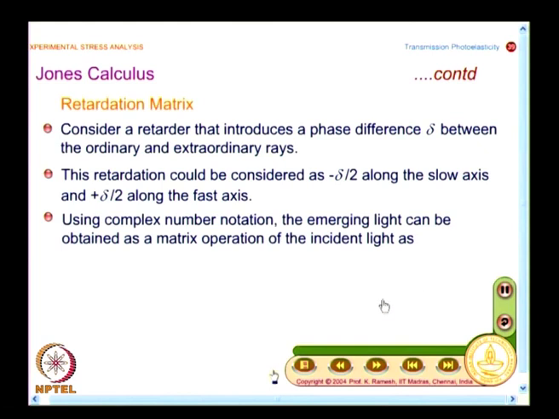And what we will do is, we will use complex number notation and we will represent the emerging light. This makes our life a lot simpler, and when I do this, I can represent the retardation introduced within the model comfortably like this.